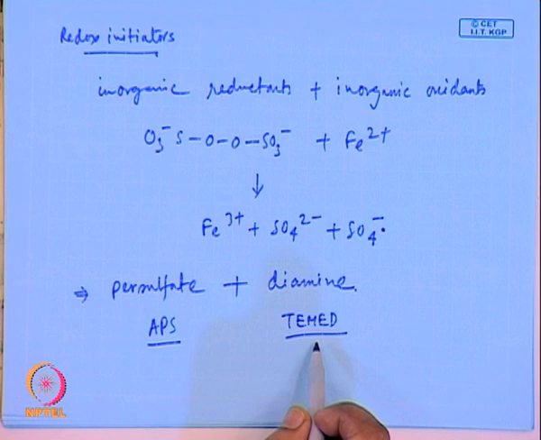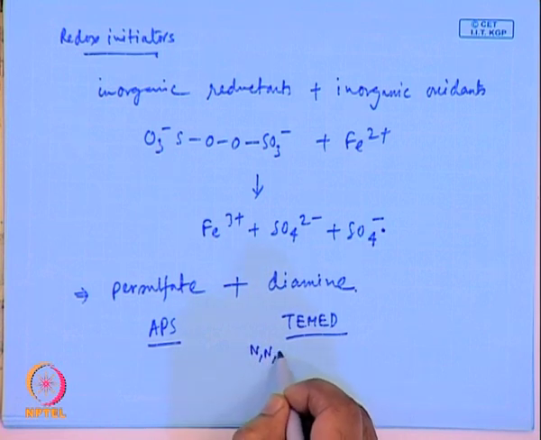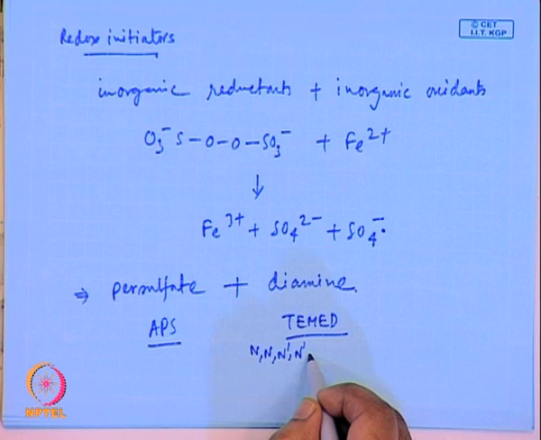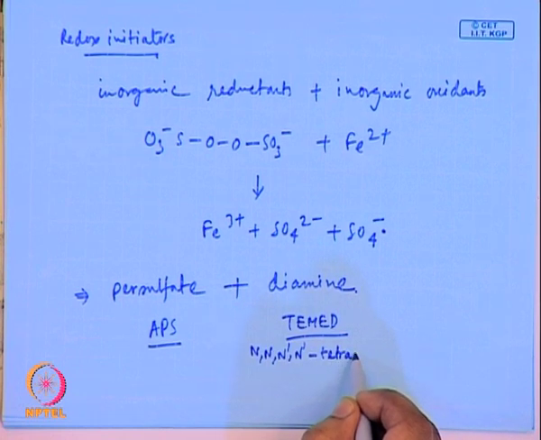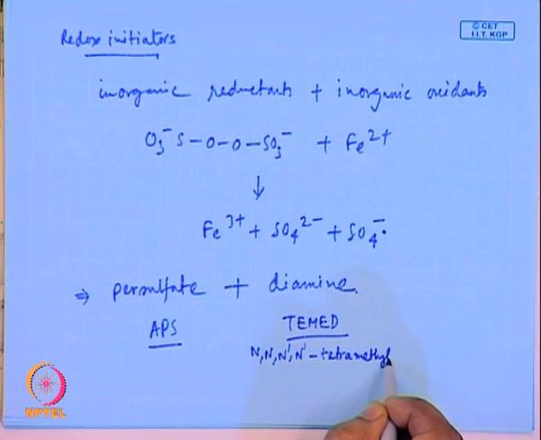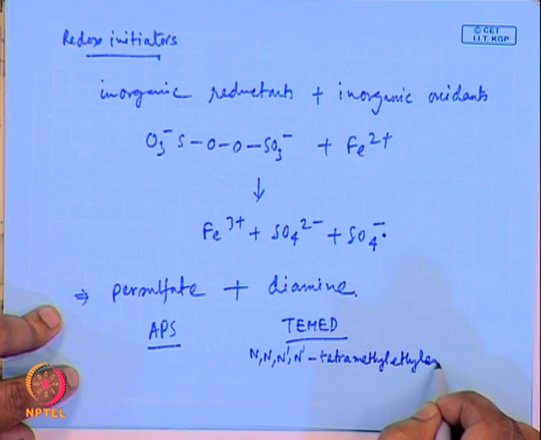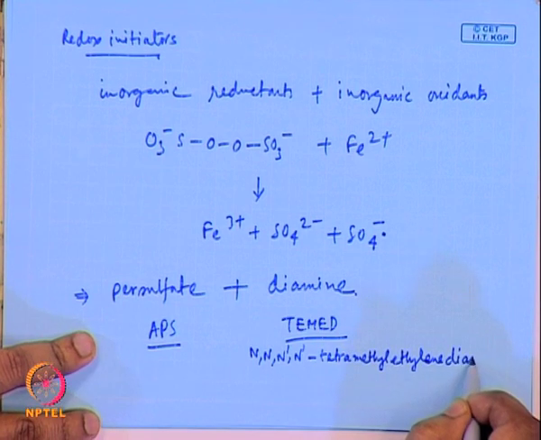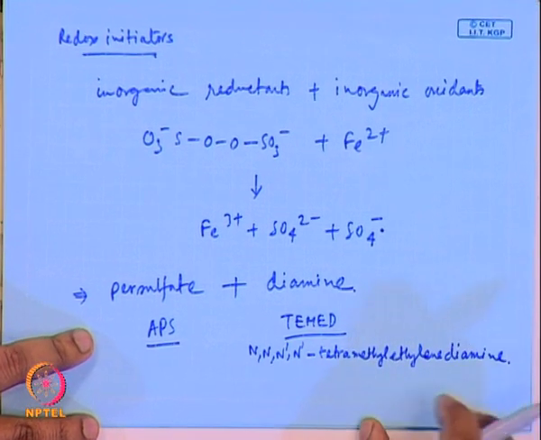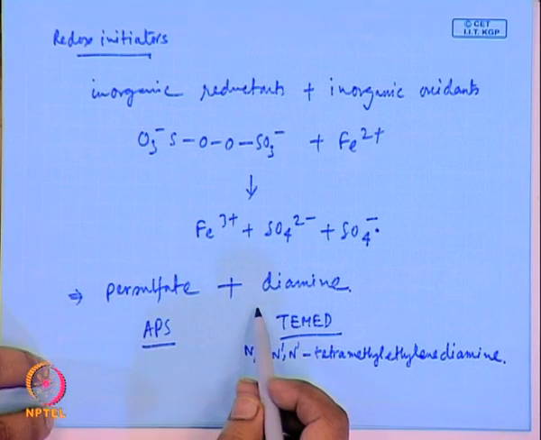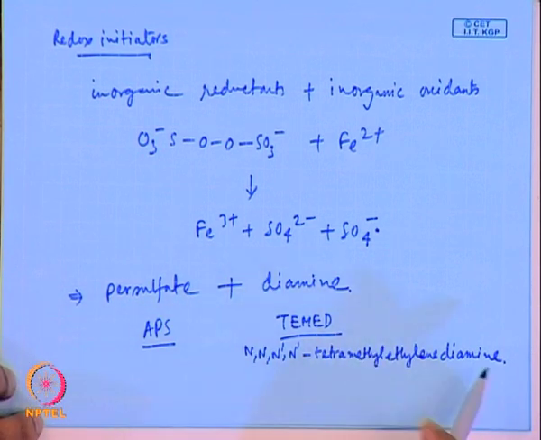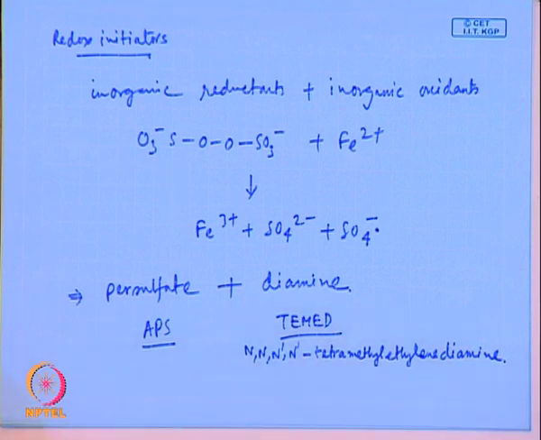TEMED is N,N,N',N'-tetramethylethylenediamine, basically a diamine. So, the combination of persulfate plus diamine gives the radical. Now, we talked about thermal initiator, and we now learned about the redox initiator.